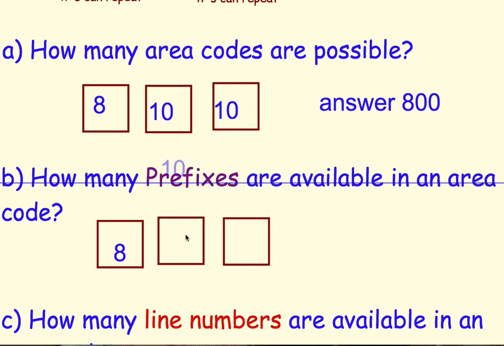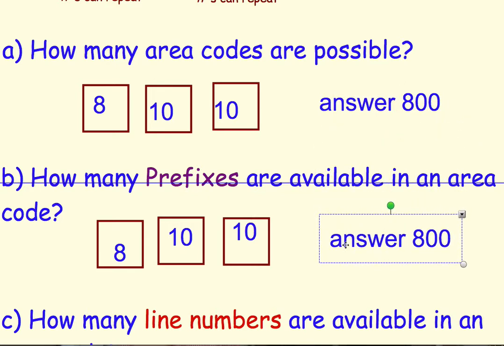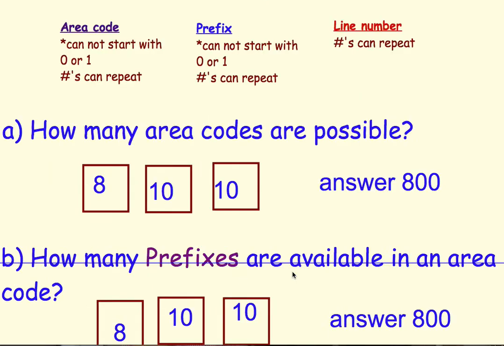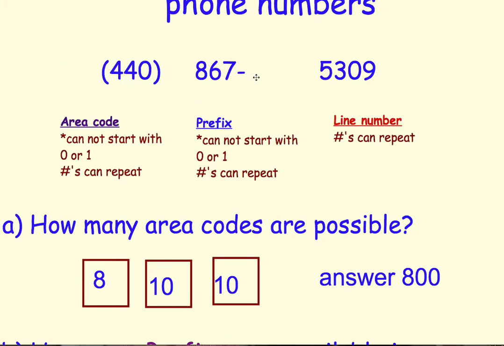So you're going to get an answer for this, again, of 800. So you could have possibly 663, 662, 5555, like in the movies. There's 800 possibilities there.